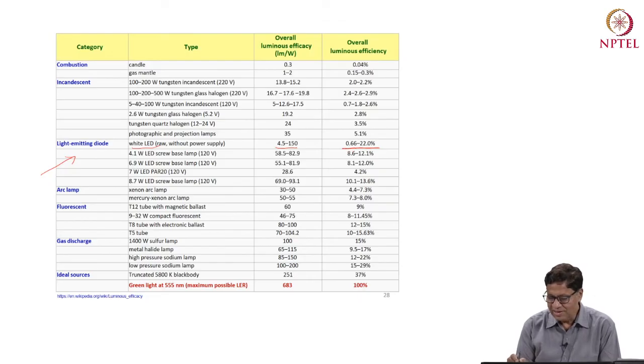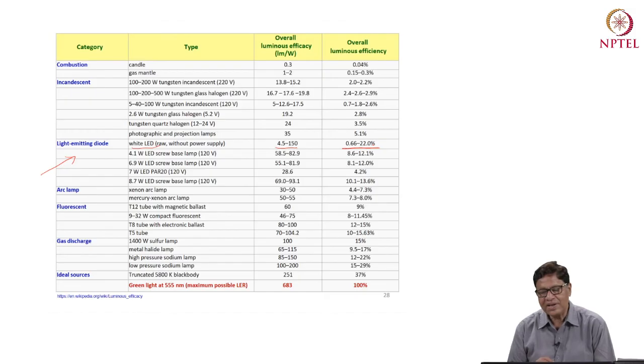For a typical LED it is of the order of 0.66 to 22%. The loss is because of some absorption. For example, in a light emitting diode, not everything is converted into radiative recombination. There is some non-radiative recombination, so there is some loss. There is also some loss because of reflection and things like that. So whatever actual output you get is much less than what is produced in the fixture, which is defined by the term luminous efficiency.